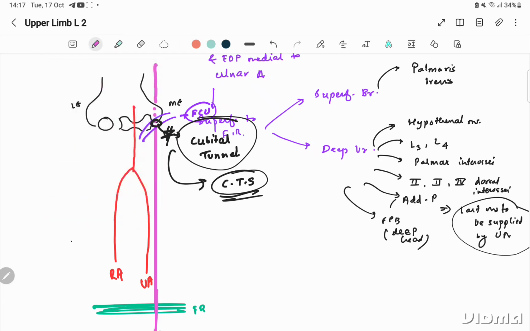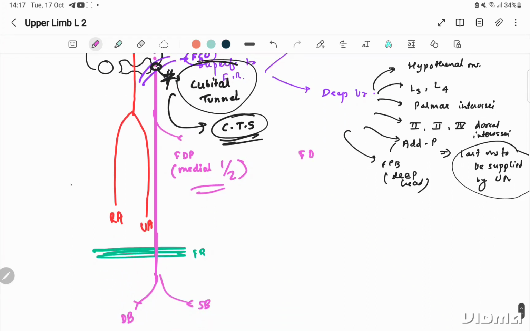If I talk about the branches, here it will branch to FDP, the medial half. FDP lateral half was supplied by which nerve? The median nerve. Okay, FDP lateral half was supplied by the median nerve, and the medial half is supplied by the ulnar nerve. Okay.